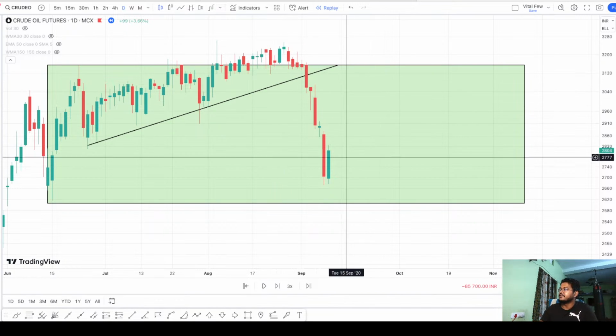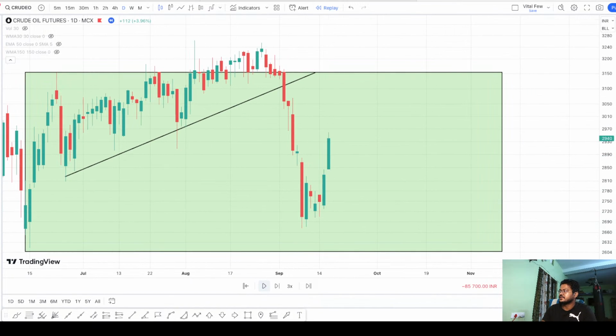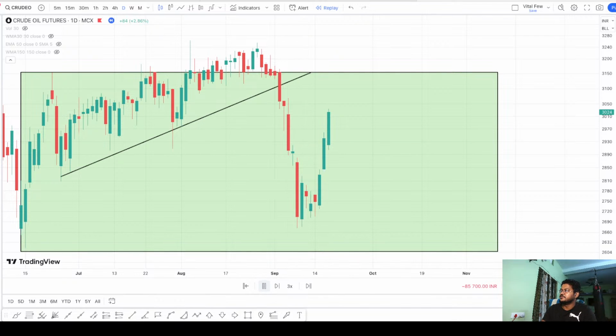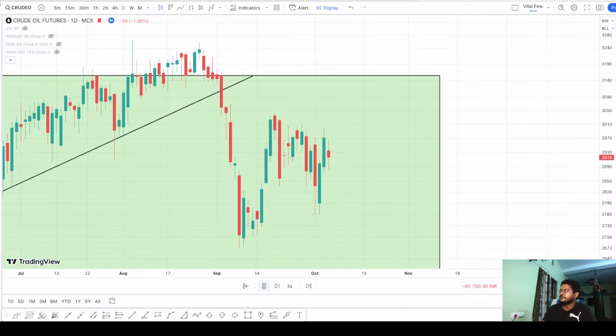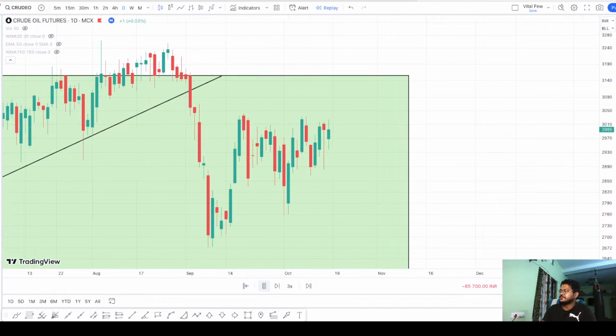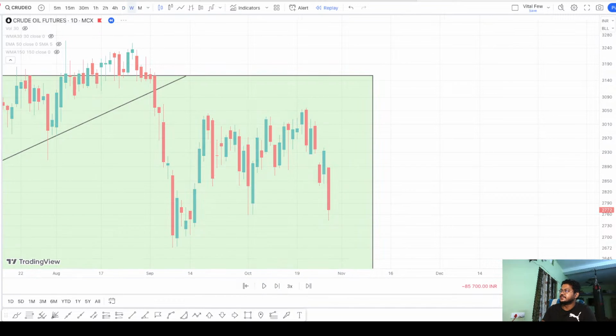Yeah, so we could have initiated a short trade here. Now let's wait and see what happens next. We are getting to see a big pullback. Let's go to weekly time frame.